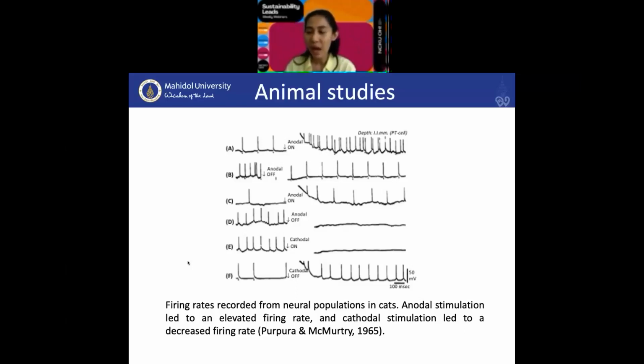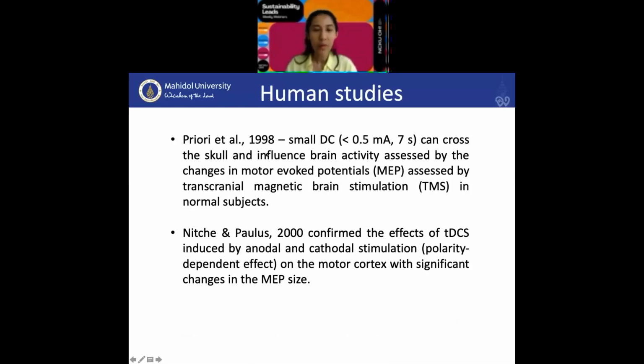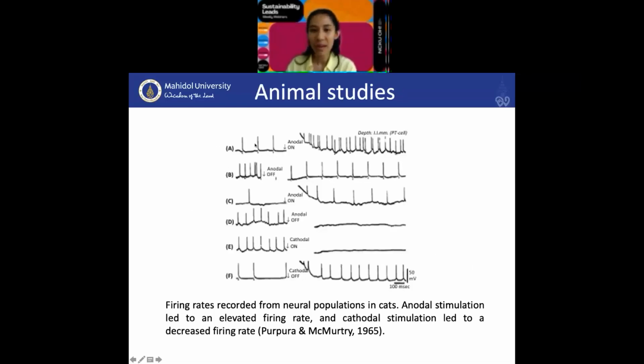What this study tells us, for example in line A, is a resting state. But when you turn the anode on, you can see an increase of firing rate in the neuron. When you turn the anode off, the activity returns to resting.